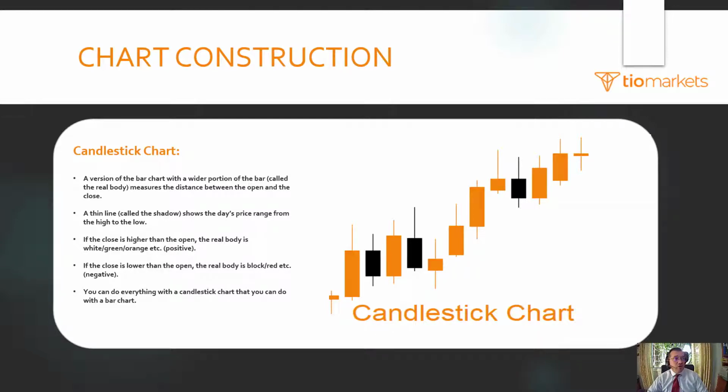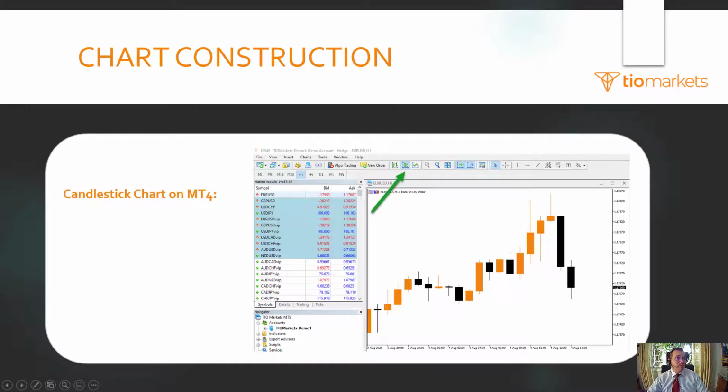If the close is lower than the opening, then the real body could be a darker color, or red for negative. You can do everything with a candlestick chart that you can do with a bar chart. You can find it in the MT4 platform in the toolbar, just as you can find the line and the bar chart.